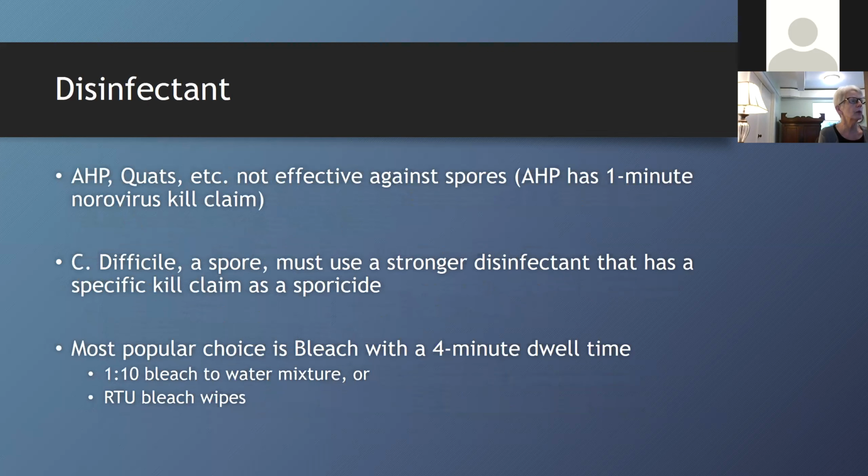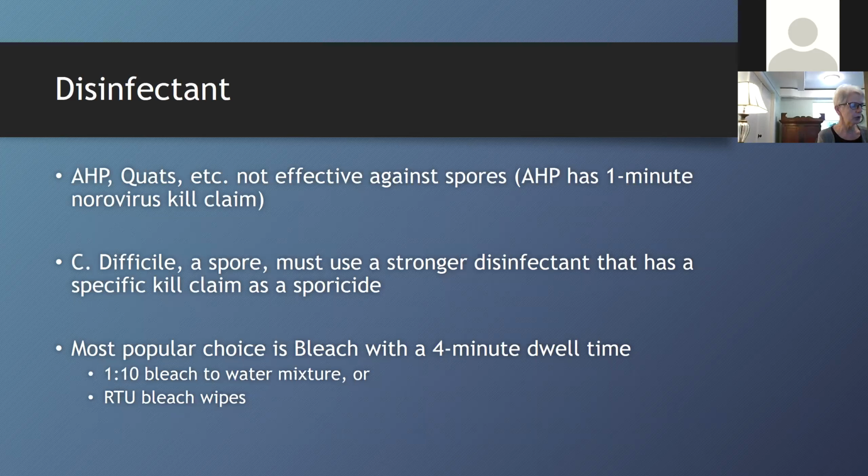So hydrogen peroxide and quats, as we know, are not sporicidal, so they're not going to kill C. difficile spores. Accelerated hydrogen peroxide does have a 1-minute norovirus kill claim. For C. difficile, we do need to use a sporicidal agent.